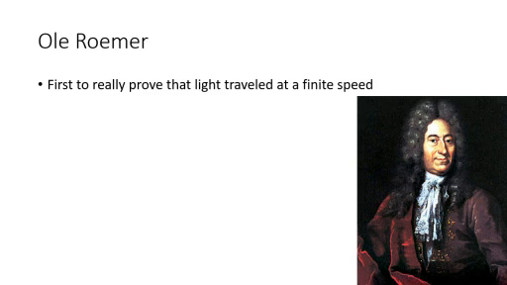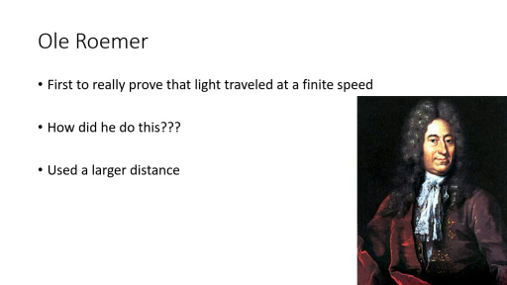Okay, so Romer, he was the one that really proved that light had a finite speed. And the way he did it was that he took Galileo's idea of measuring it from here to here, but instead of using a hill here to the hill on the other side of town, he used even larger distances.